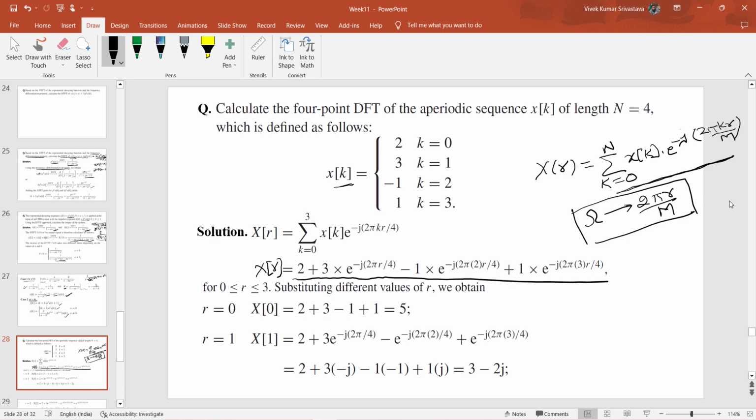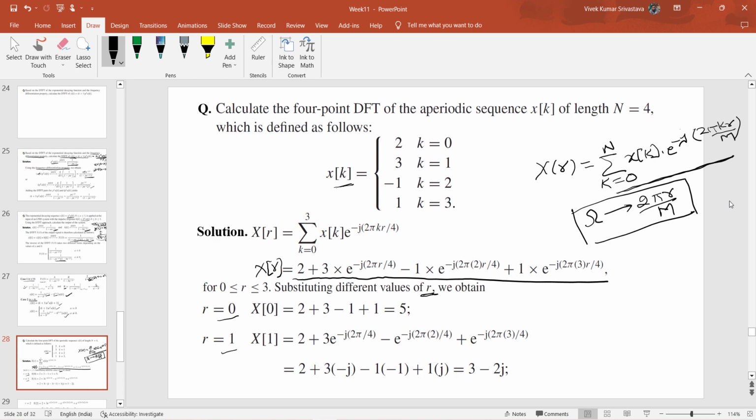Now for evaluating the discrete Fourier transform for various values of r, we will put r as 0, 1, 2 and 3, because normally in the discrete Fourier transform, whatever discretization period we take at the input side, the same discretization period we take at the output side. That's why I analyze this for r equals 0, 1, 2 and 3.